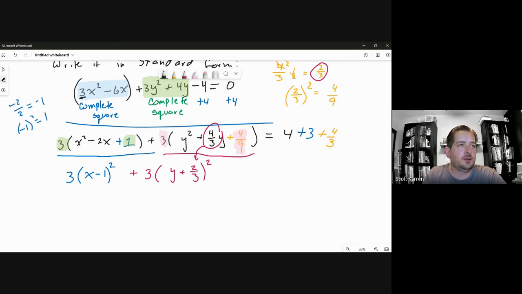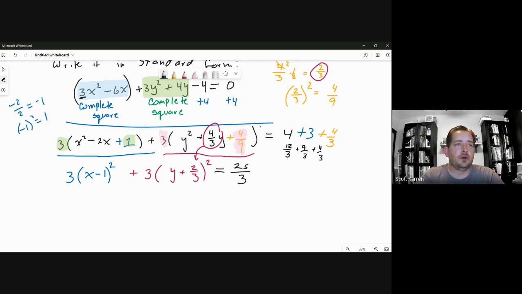Squared, and then equals, on the right-hand side I have 4 plus 3 plus 4/3. So if I turn those all into thirds, I'm going to get 12 over 3 plus 9 over 3 plus 4 over 3. So 25 over 3.